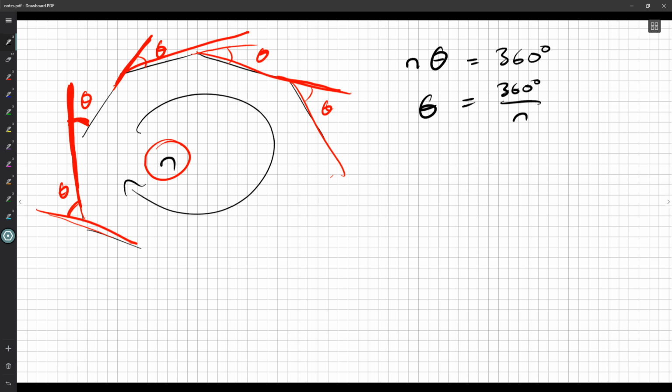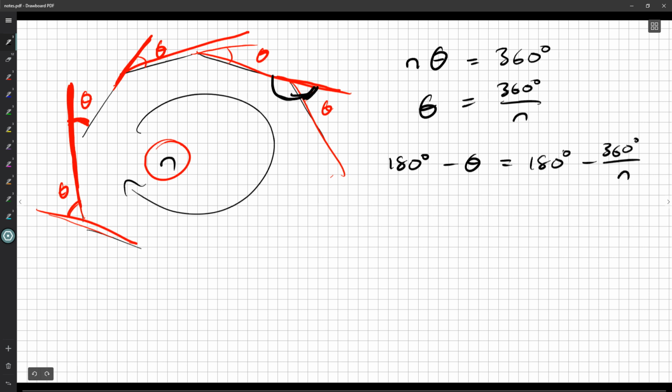It's 120 if you're looking at a triangle. It's 72 if you're looking at a pentagon. Now the interior angle of an n-gon: in total this line would be 180, so the interior angle is 180 minus this exterior theta. So the interior angle of a regular n-gon is 180 minus 360 over n.